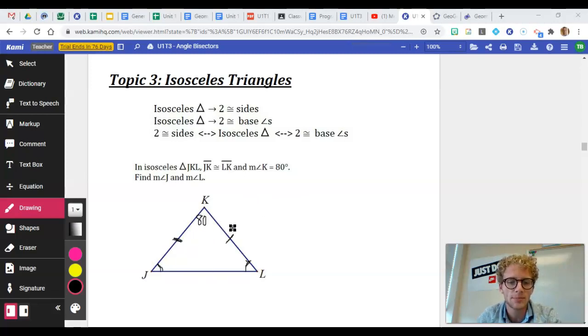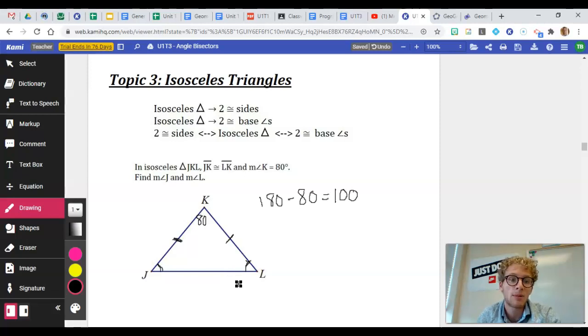So all three angles add up to 180, and we know that this one is 80. So if we take this one out, if we subtract this, then we'll be left with the sum of these two angles. So 180 minus 80 leaves us with 100. This 100 is both of these angles combined.